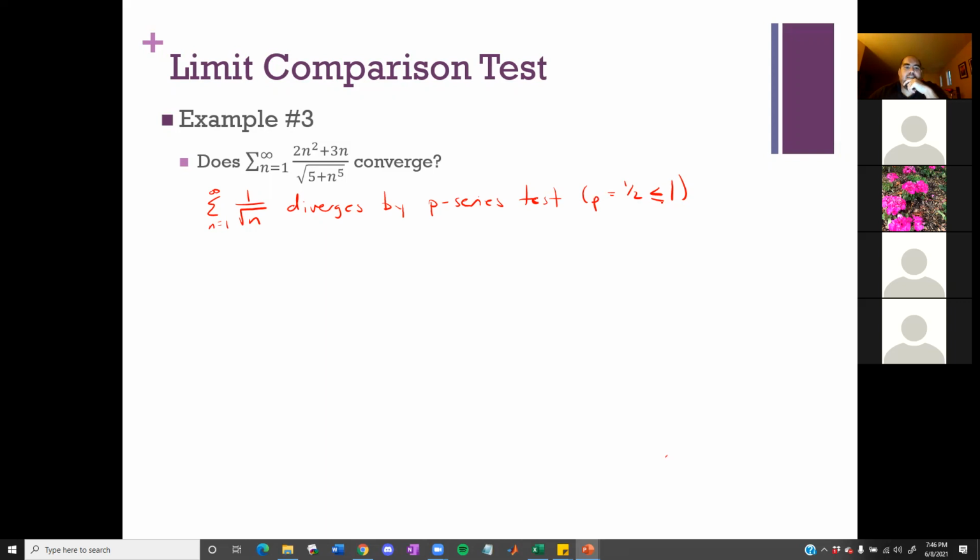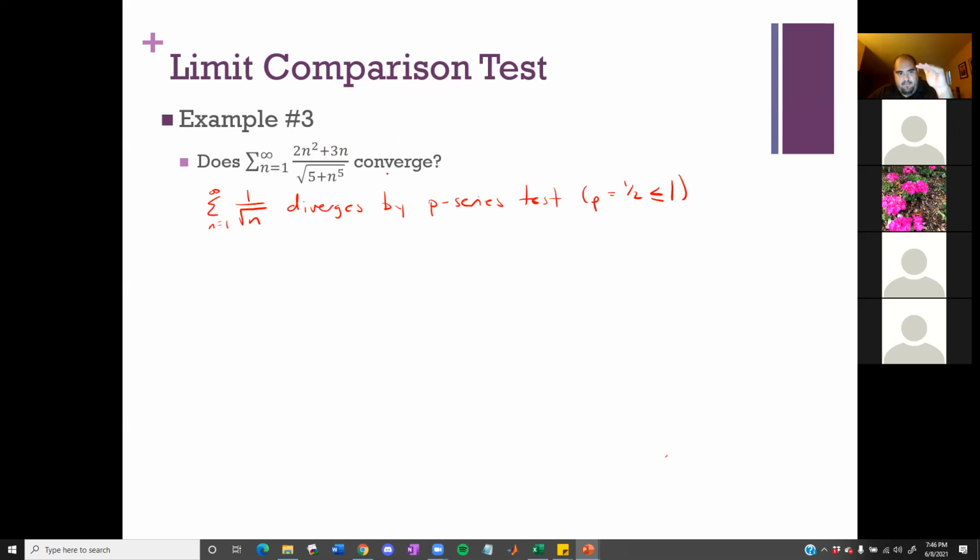So is that a good series to compare this to? I have 2n squared plus 3n. Let's think about it this way. What's the highest power of n in the numerator? 2. What is the highest power of n in the denominator? 5 over 2.